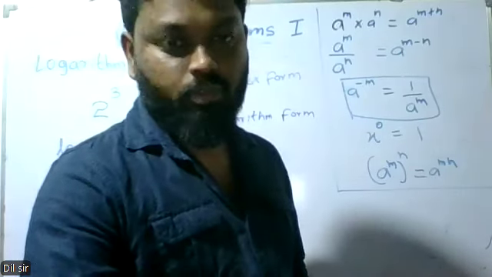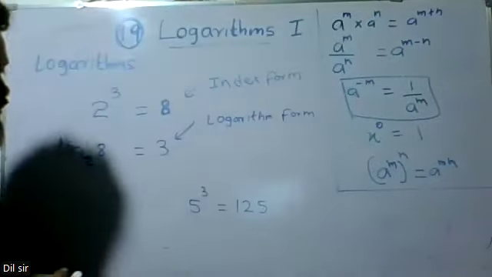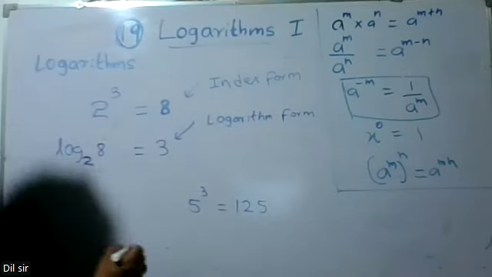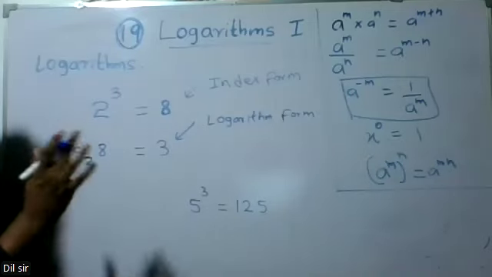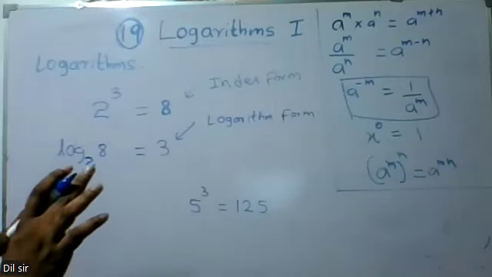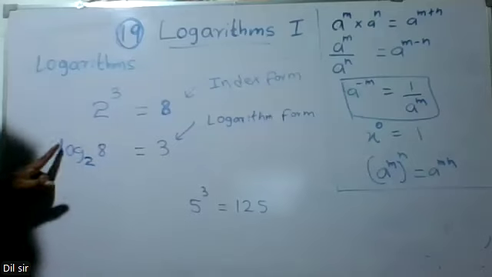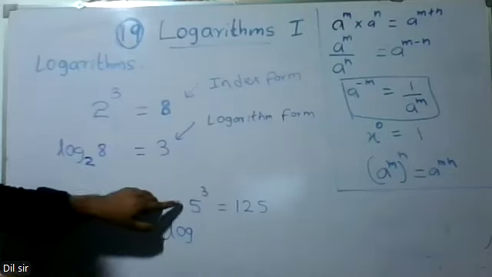Okay, no problem. Now children, you must tell me how to write this in log form. What do we write first? Everyone say it. We have to write the word log.